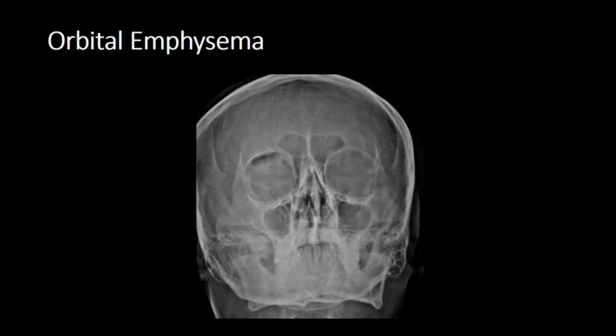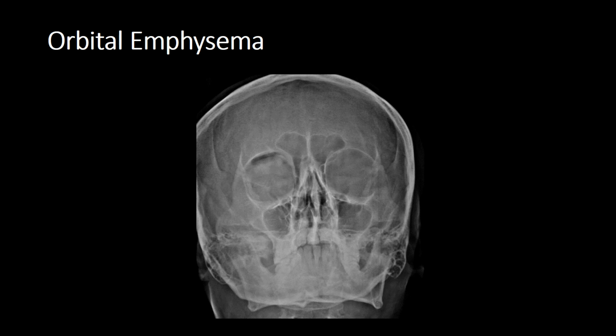So we've talked about blowout fractures. That's when a direct blow to the orbit raises the pressure within the orbital cavity and it causes a fracture at the weakest point, which is our orbital floor. The orbital floor is not visualised on an OM or an OM30 view.